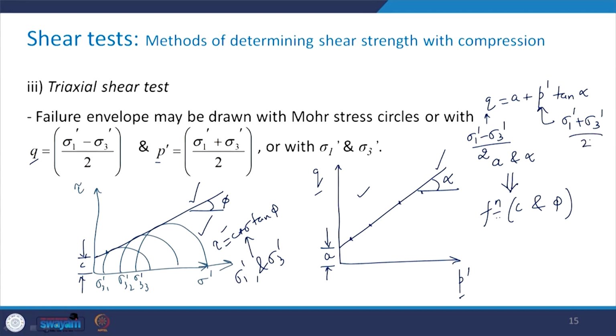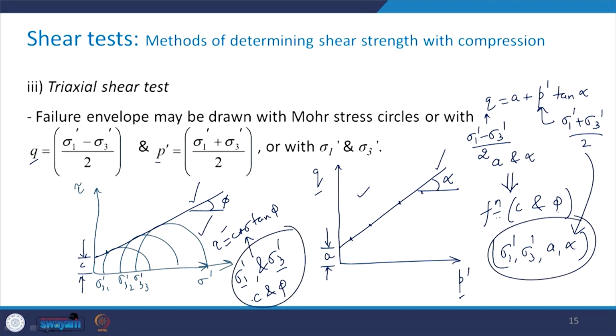You will get an expression in sigma 1 prime, sigma 3 prime, A and alpha from this, and here you will get an expression in sigma 1 prime, sigma 3 prime, C and phi. If you compare these two expressions, you will be able to establish the relationship between A, alpha and C, phi.